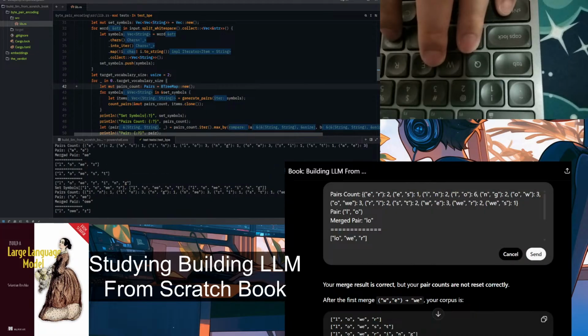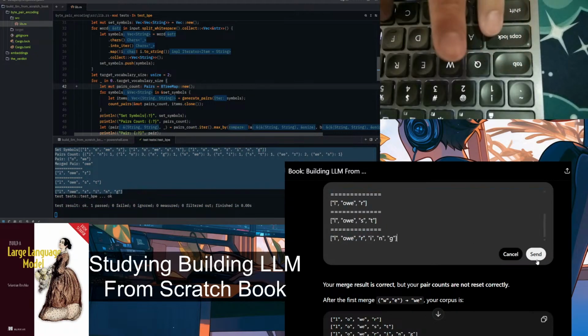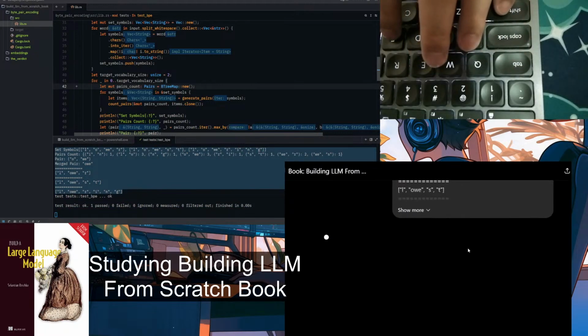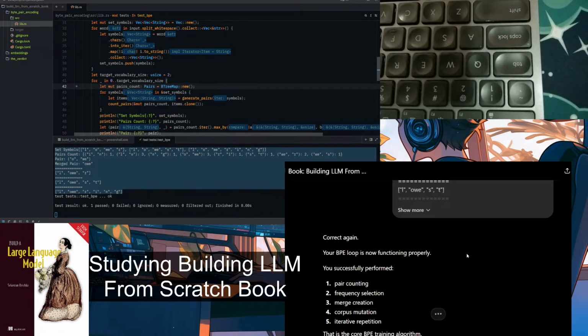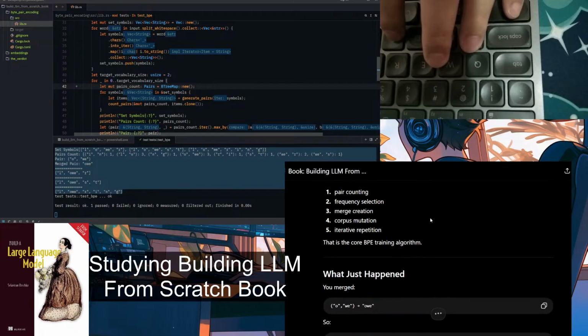Wait lang natin dito. Yeah, may but. Yun pala yung problem ko. Hindi ako nakatagos agad dito sa byte pair encoding. So it took me 2 nights.